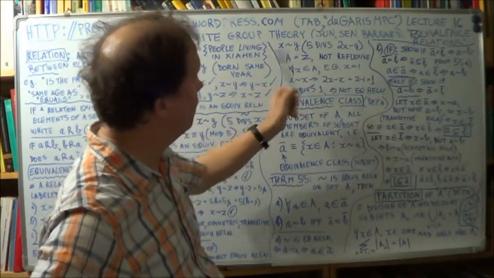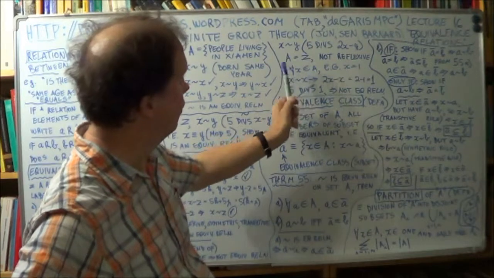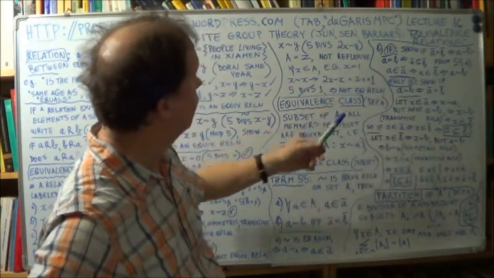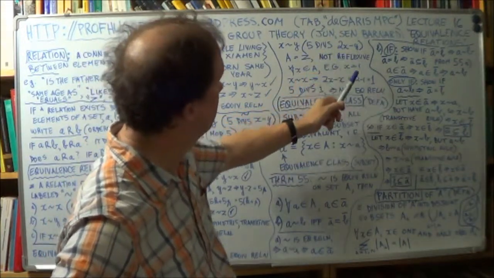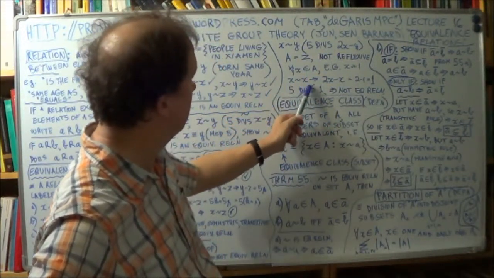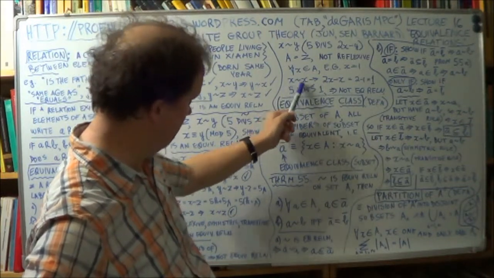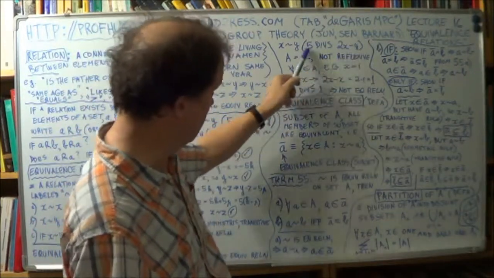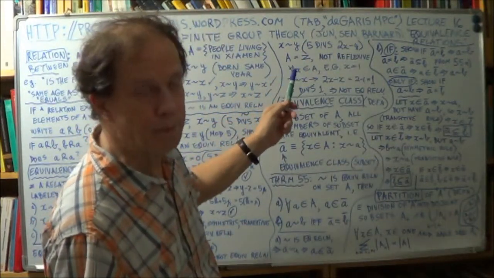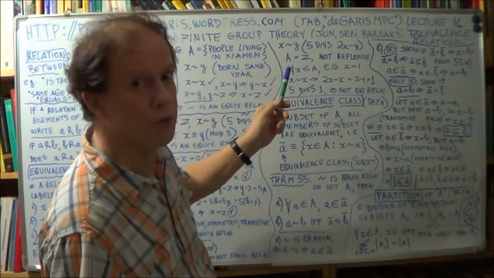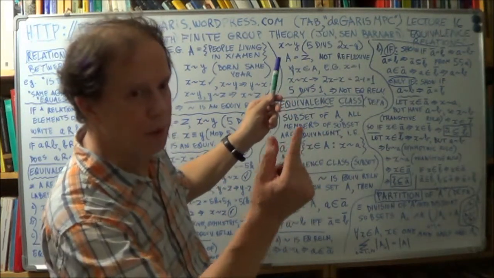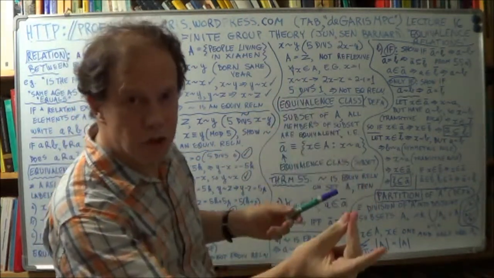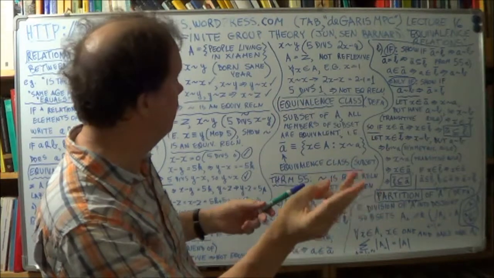Now, if we can find just one counterexample... We're testing with a tilde, which is your relation. Is it an equivalence relation? In other words, is it reflexive? Is it symmetric? Is it transitive?